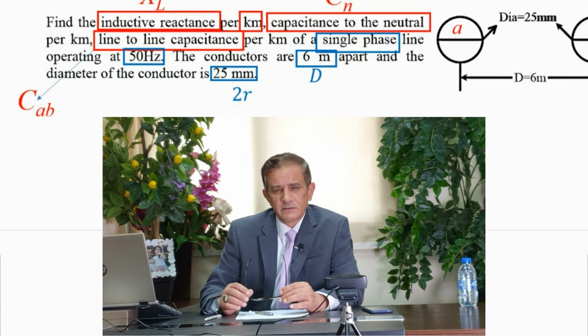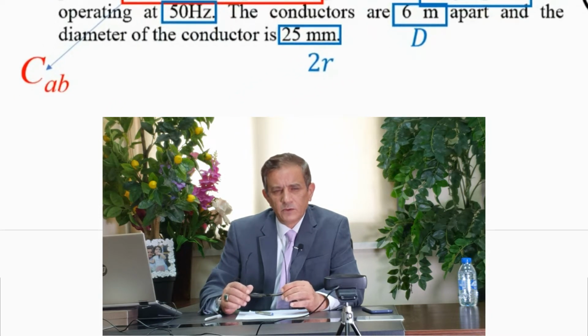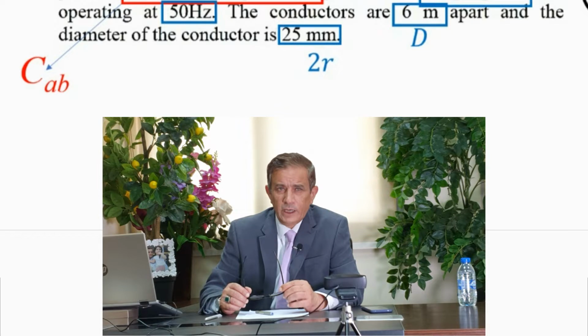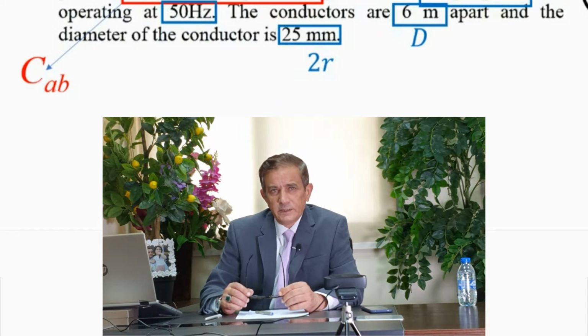50 Hertz. When we are talking about reactance, whether inductive reactance or capacitive reactance, we have to use the omega, angular frequency, 2πf, so we have to know the frequency. The conductors are 6 meters apart and the diameter of the conductor is 25 millimeters. In my formulas, I need R, so this is 2R, this is the diameter.